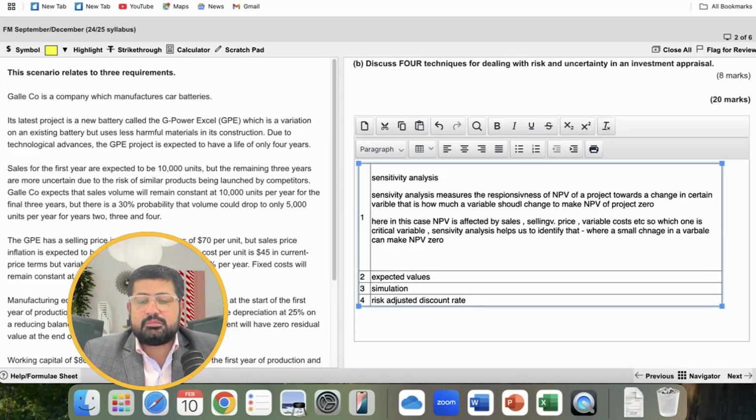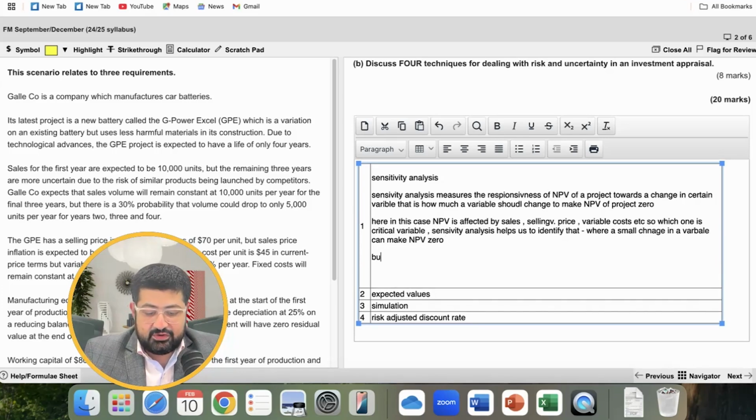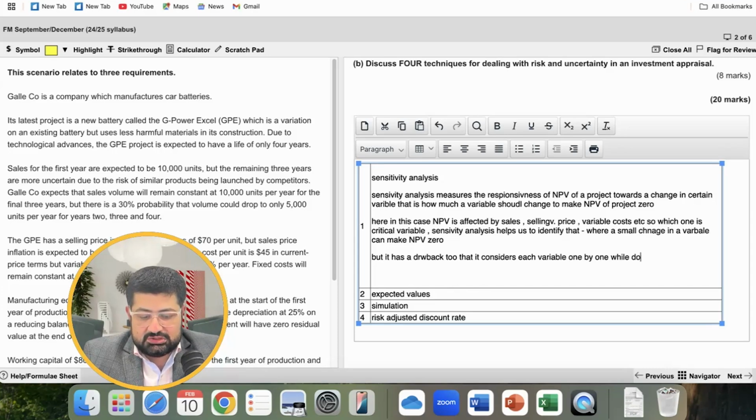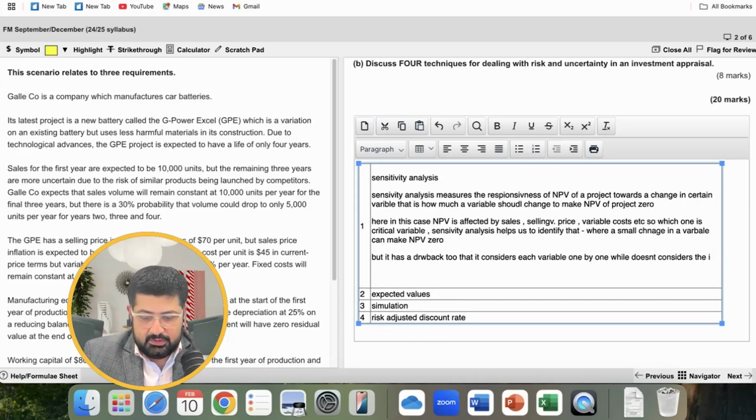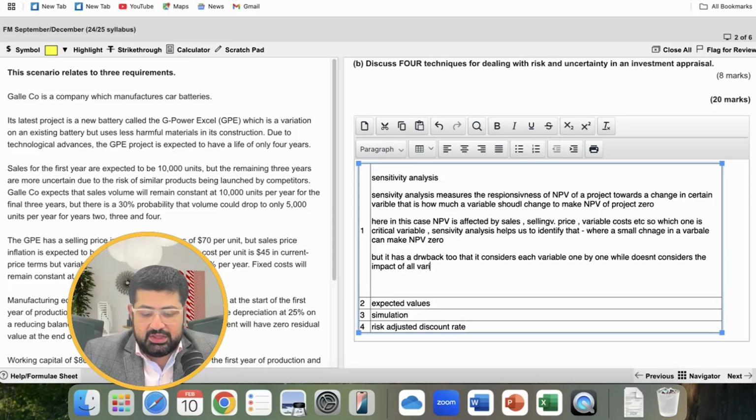But it has a drawback. It considers each variable one by one, while it does not consider the impact of all variables at once.